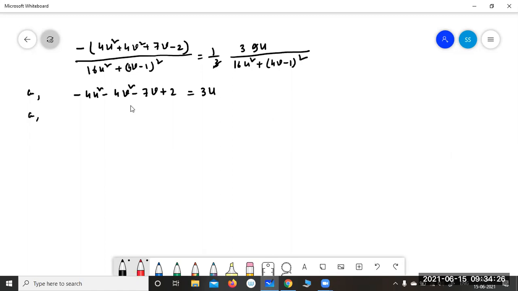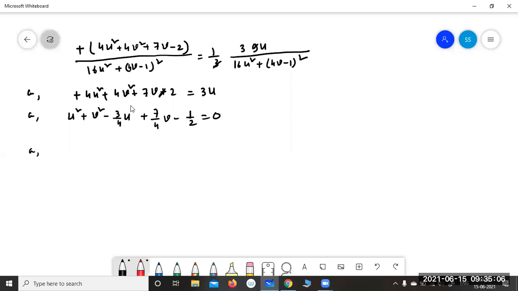Then divided by minus 4, actually it was plus, no? It was plus 4u square plus 4v square, this one plus, this is minus, is equal to 3u. So after dividing by 4, it will be u square plus v square minus 3 by 4u plus 7 by 4v minus half is equal to 0, which is a circle, the required circle.